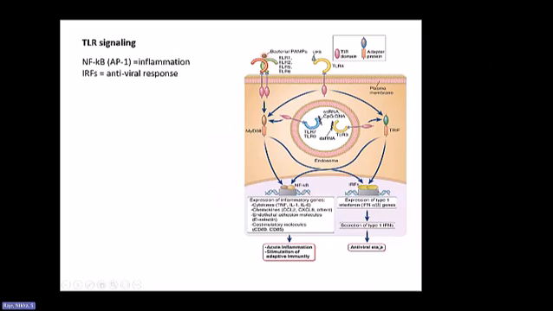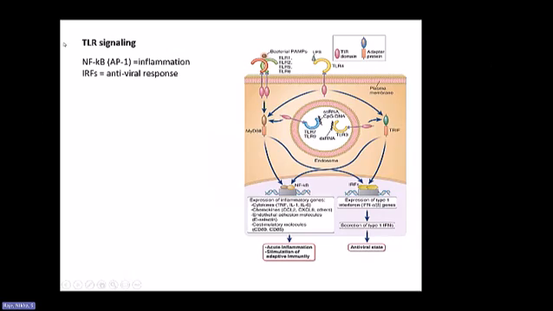The end result needs to be that there is an antiviral response. On the other hand, if it's another type of infection, then there should be inflammation. And sometimes there might be a combination of both. But these are the responses that the innate immune system has the ability to perform, right? So either inflammation, antiviral response, or both.